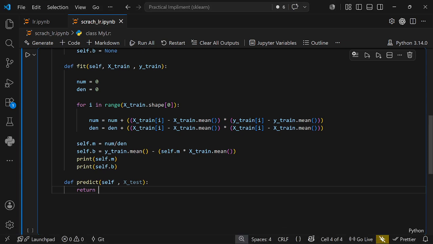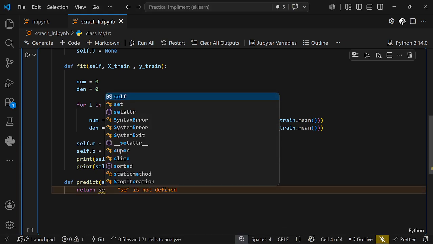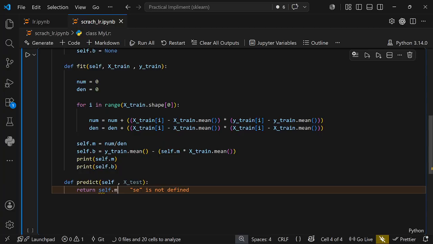Okay, so let's take the self dot m into X test plus self dot b. So this will be our predict function.